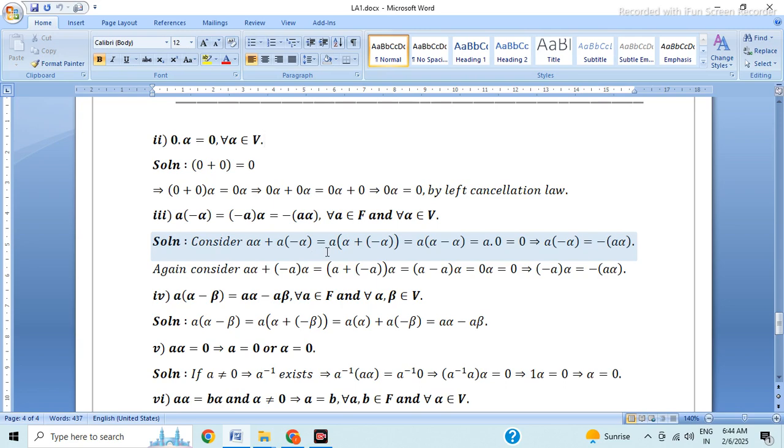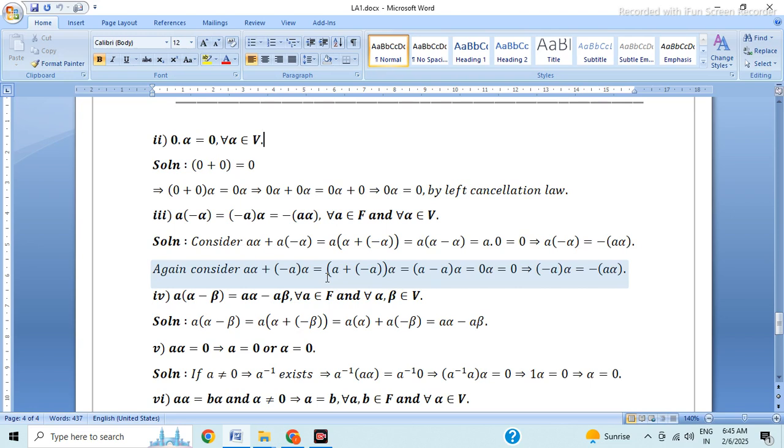Then from this we get a into minus alpha is the additive inverse of a alpha, or we can write a alpha is the additive inverse of a into minus alpha, or a into minus alpha equal to minus of a alpha. I hope you all understood.